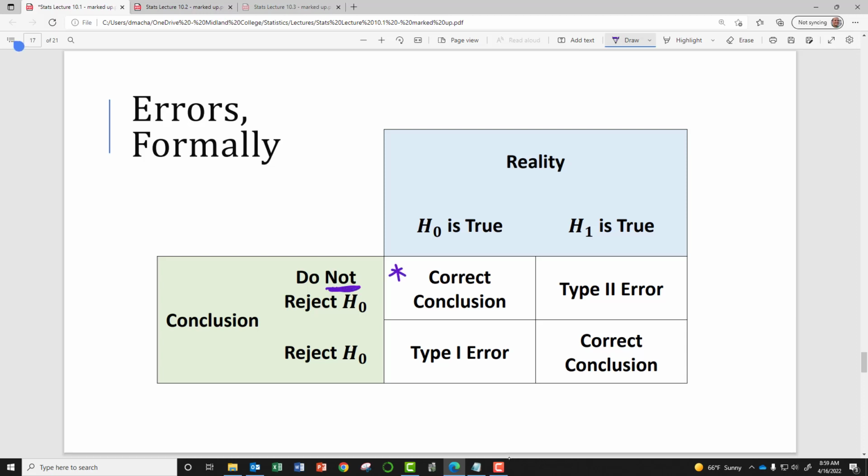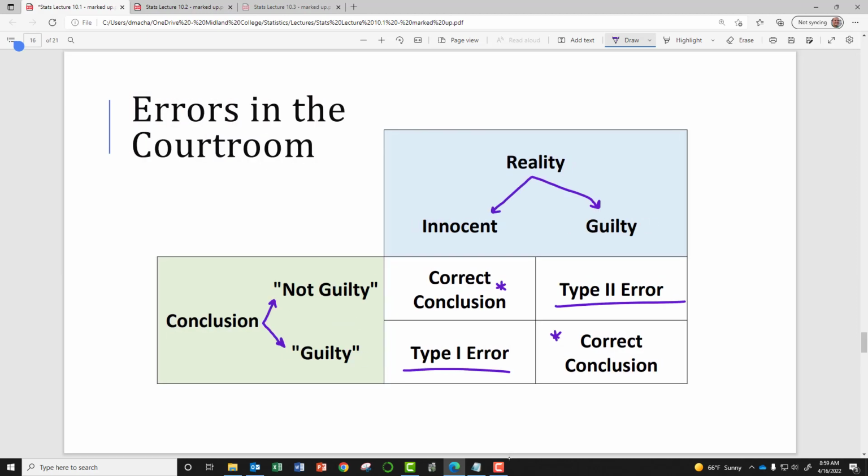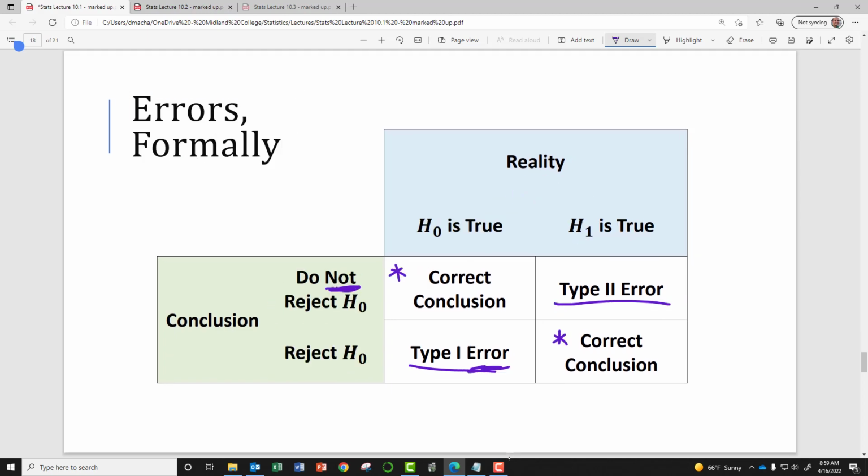And if your alternative hypothesis is true and you do reject the null hypothesis, this would also be the correct conclusion to arrive at. But if the null is true and then you end up rejecting the null hypothesis, this is a type 1 error. And if the alternative hypothesis is true, but you fail to reject the null hypothesis, that would be a type 2 error. So notice the analogy here.